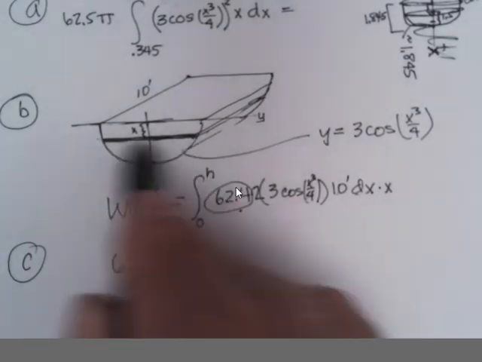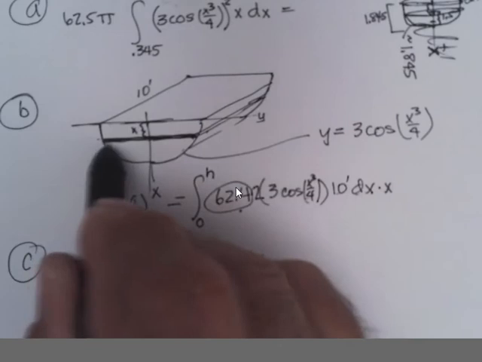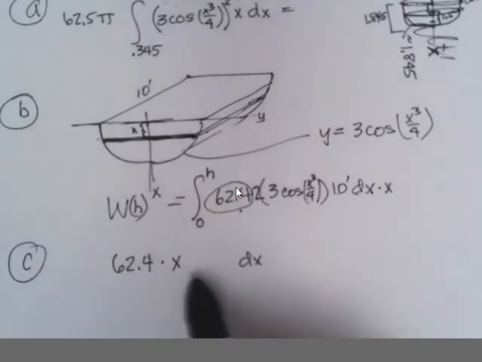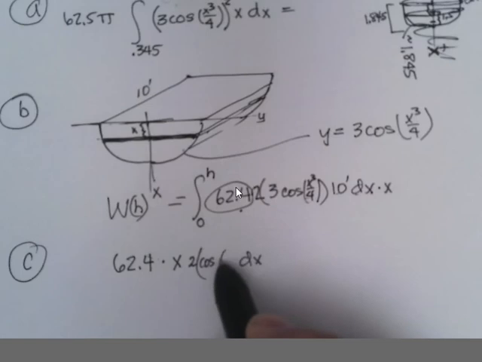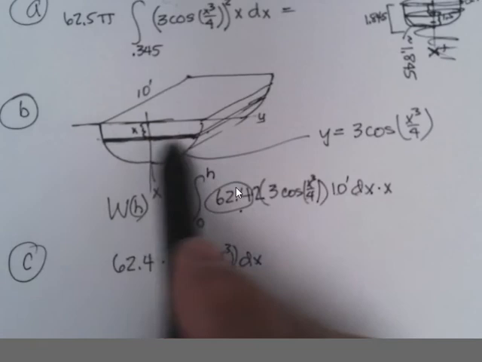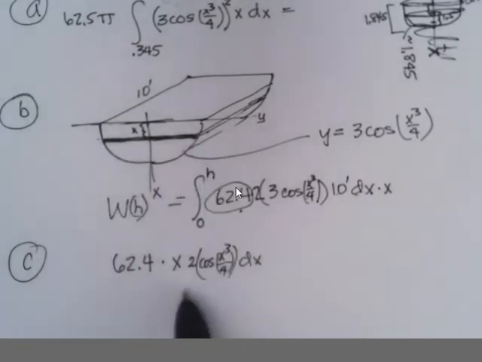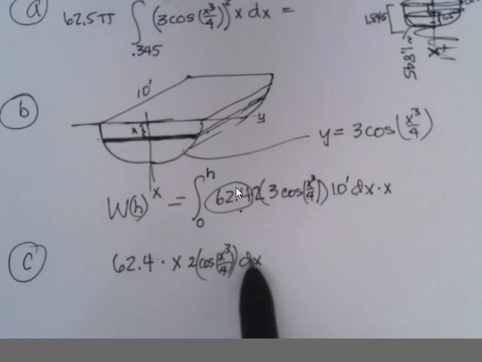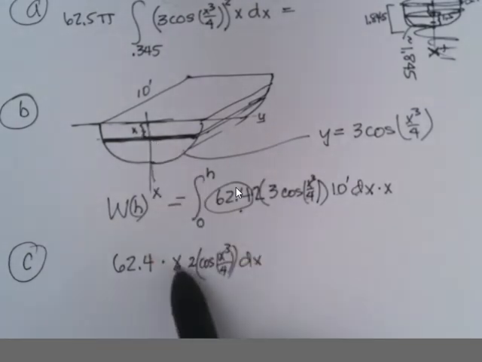So the area of the slice, it's still dx thick, and its width is still 2 times the cosine of x to the third over 4. So 2 times this is how long it is. The height is dx. That's the area, and the distance down is x.